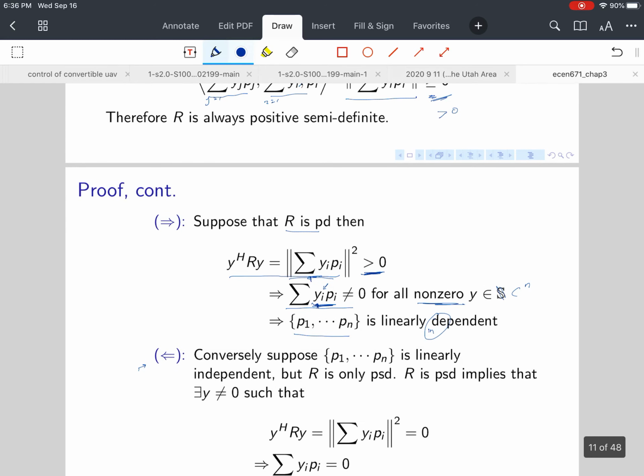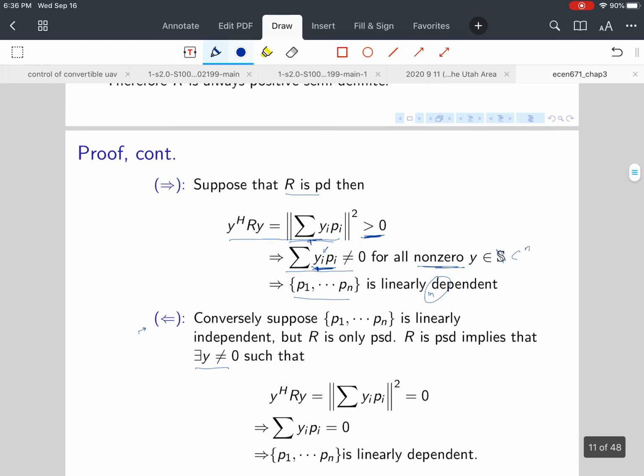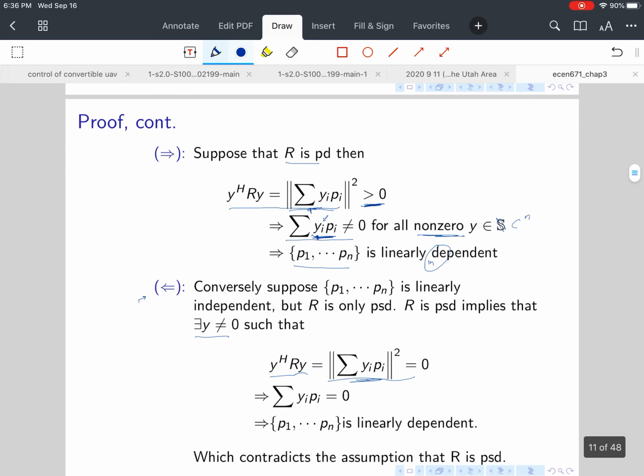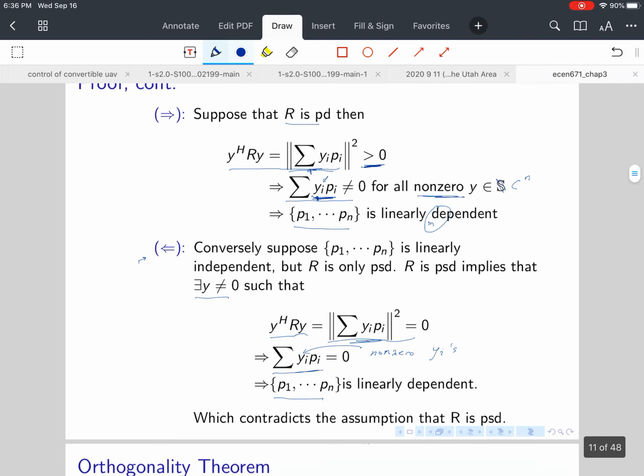All right, conversely, suppose that they're linearly independent, but R is only positive semi-definite. So R positive semi-definite implies that there exists some y so that when you do the norm here, this thing is equal to 0. And it's equal to 0 for a non-zero y, which means this vector has to be equal to 0 for some non-zero yi's, which means that it's in fact linearly dependent, which is a contradiction.